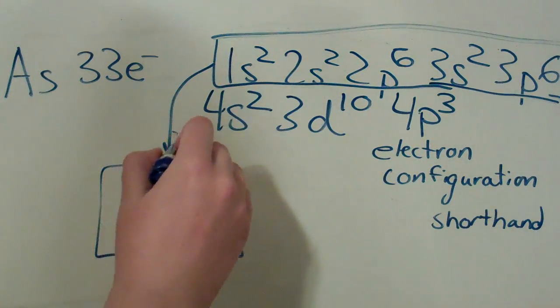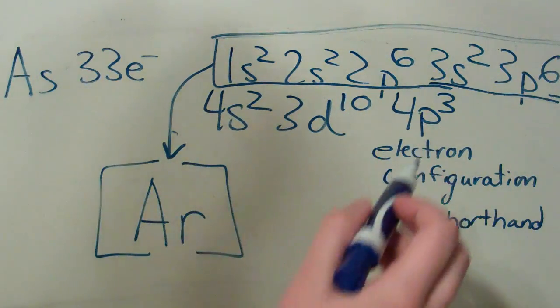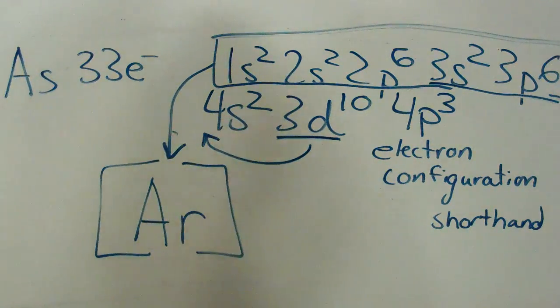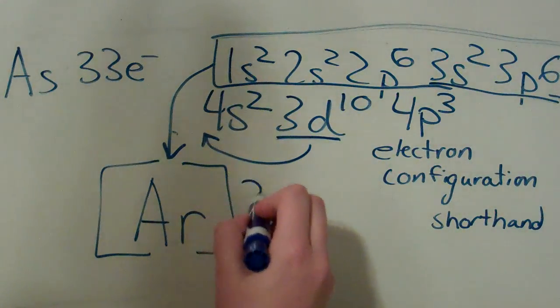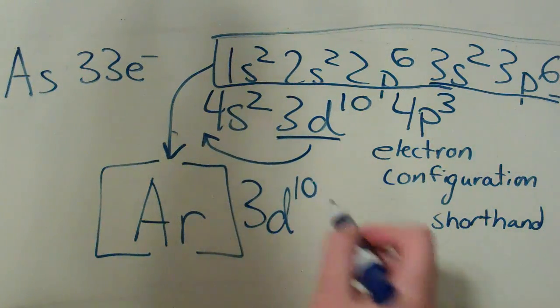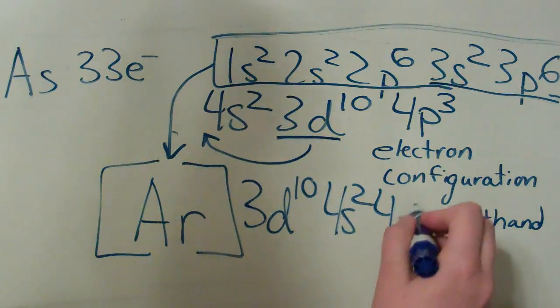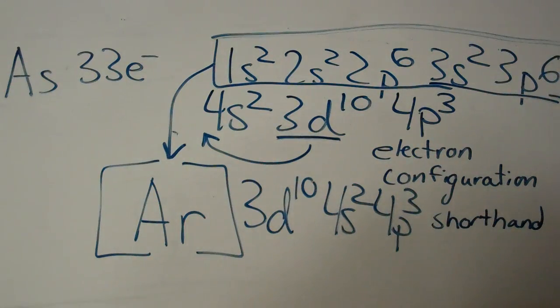Instead of writing that whole top part, we can write everything else. But remember, we have to keep it all in numerical order, so your 3 has to come before your 4s in both the electron configuration and your shorthand. So your shorthand should say 3d10, 4s2, 4p3. And that is electron configurations, shorthands, and orbital diagrams in a nutshell.